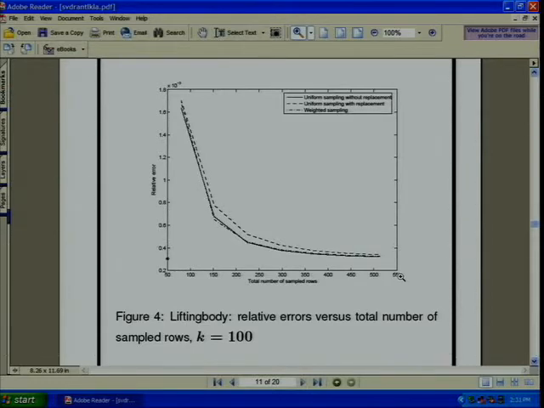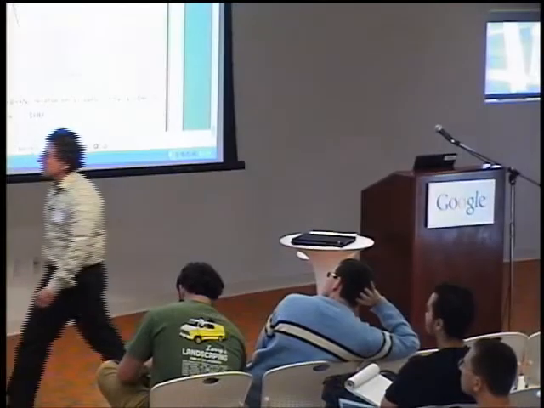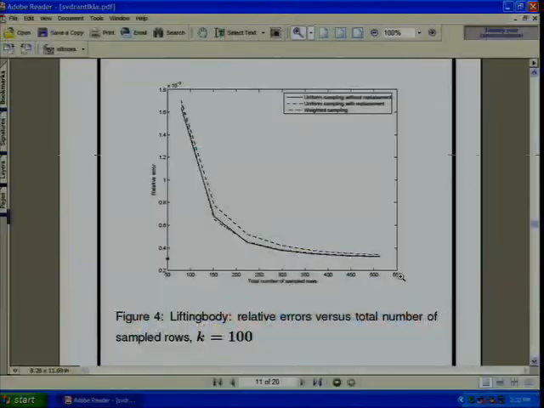Otherwise, you take A minus A_k, the difference in the Frobenius norm, divided by A. So it's always a relative error. Now if I want rank 80, my original matrix has rank 80, so this would be the best I can do. Here it tells you what you do with the random approach, but you don't have the full SVD decomposition, so you get to a certain limit, as far as I remember.